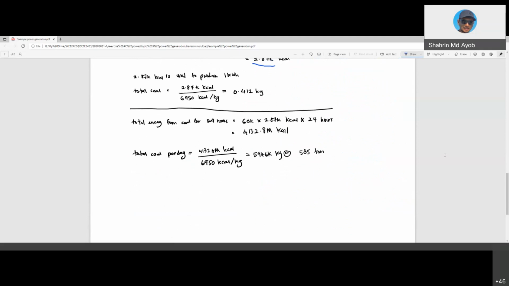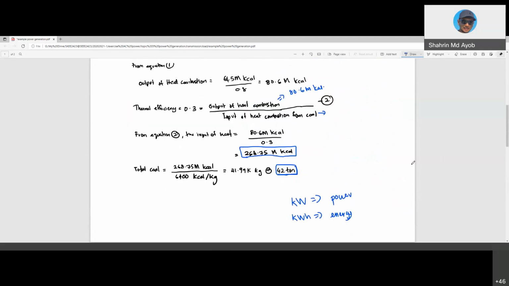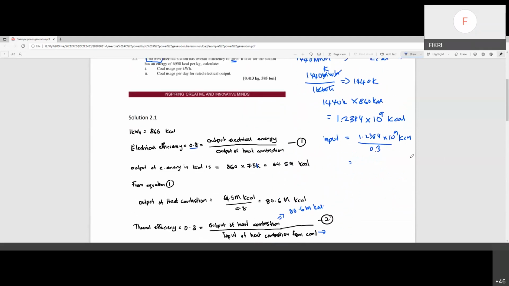Bagi berapa Fikri? 0.3 tu bagi berapa? 1.238 giga. Okay, divide by 0.3, you will get 4128, right? Mega calorie, right? Yes.